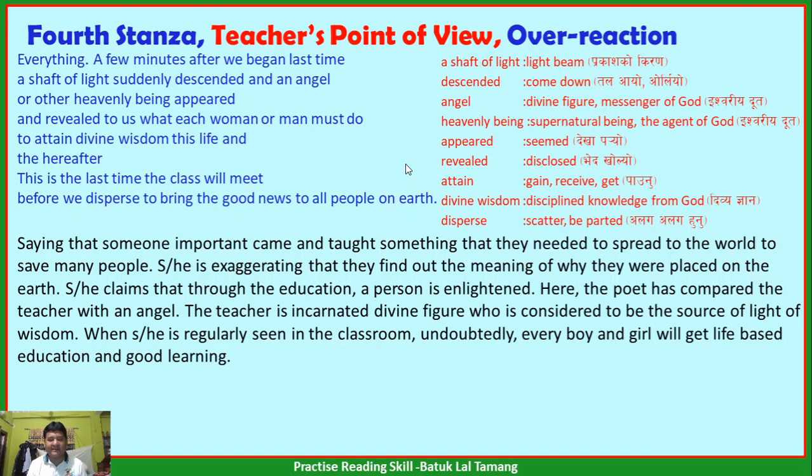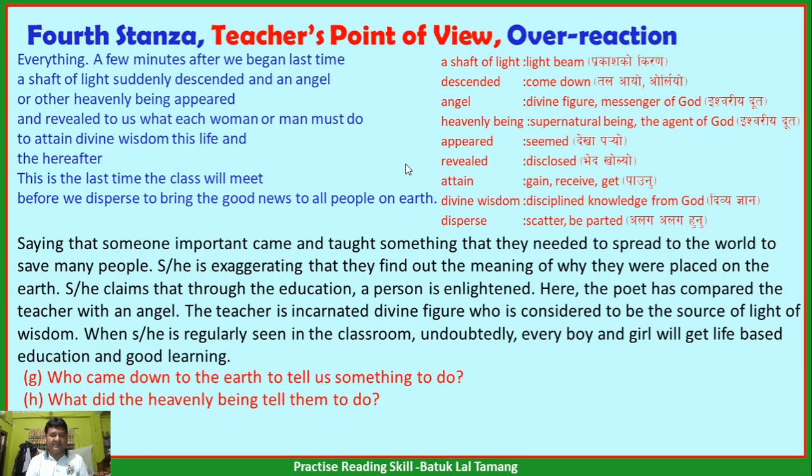Here the poet has compared the teacher to an angel or a heavenly being. The teacher is an incarnated divine figure who is considered to be a source of light of wisdom. When he or she is regularly seen in the classroom, undoubtedly every boy and girl will get life-based education and good learning.